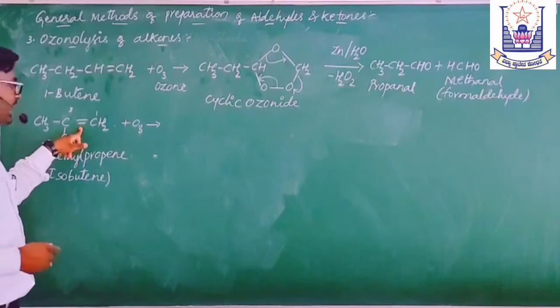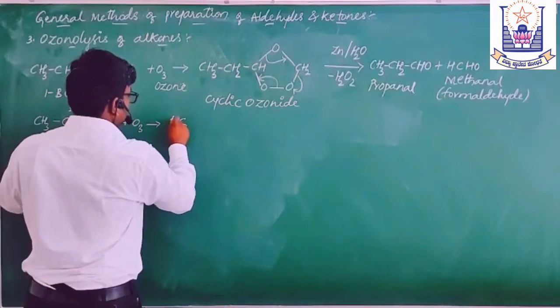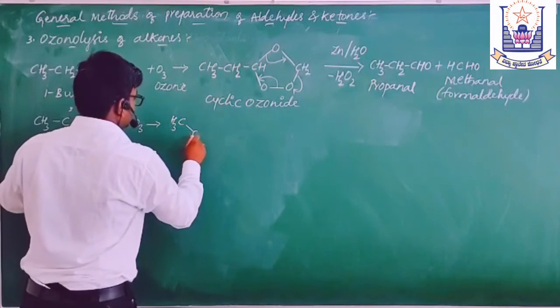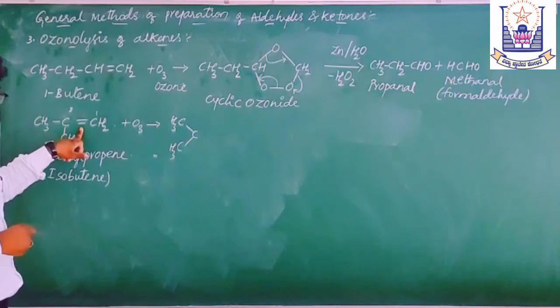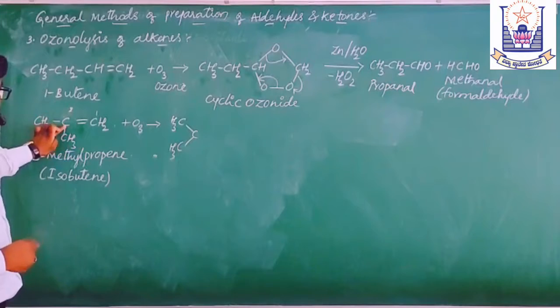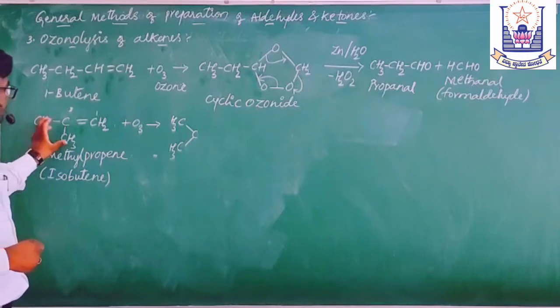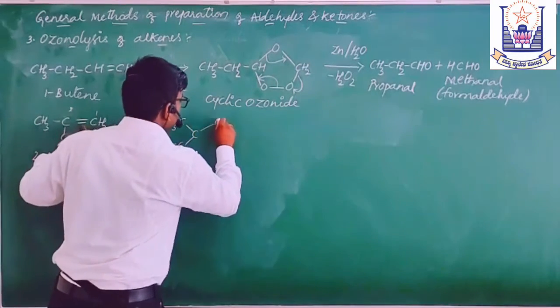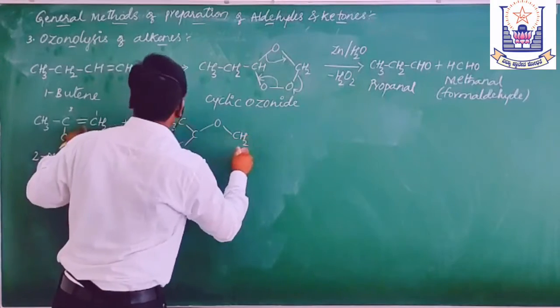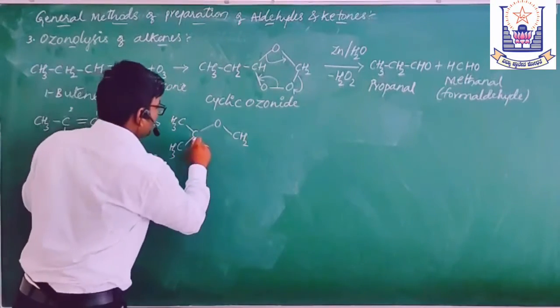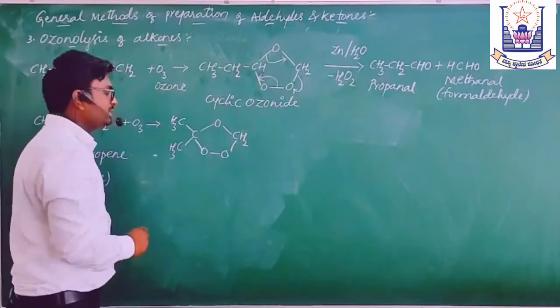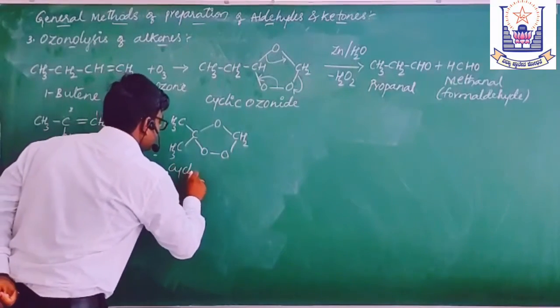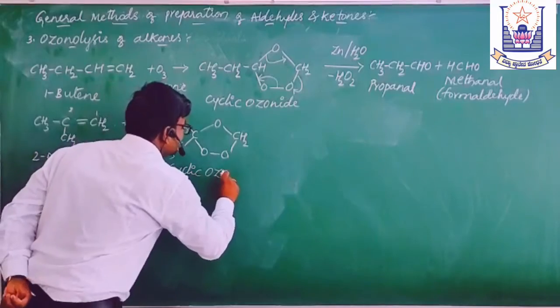Here the ozone will attack. This C carrying 2 CH3 groups, and the ozone is inserted. Here we have CH2, O, like this. Okay, this is called a cyclic ozonide.